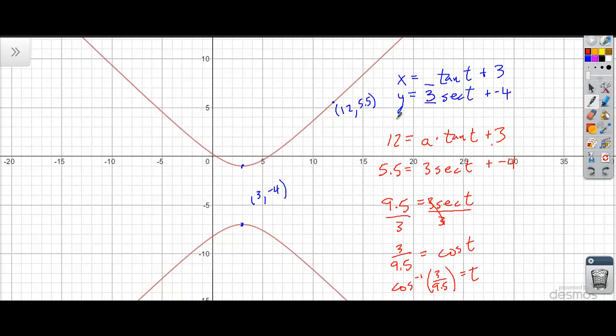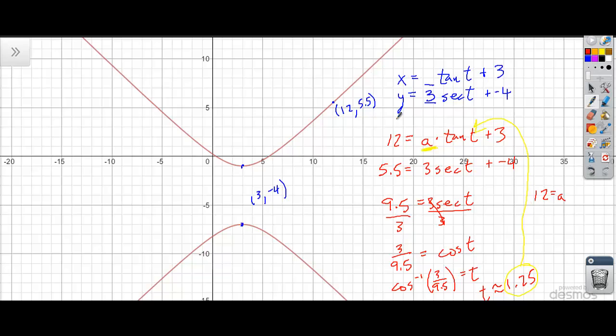Okay, so I went ahead and did that, and here's what I found. When we solved this, we got that t is very close to 1.25, right? We then take this value and we plug it into the other equation where we're going to end up solving for a. Okay, so let's go ahead and do that.